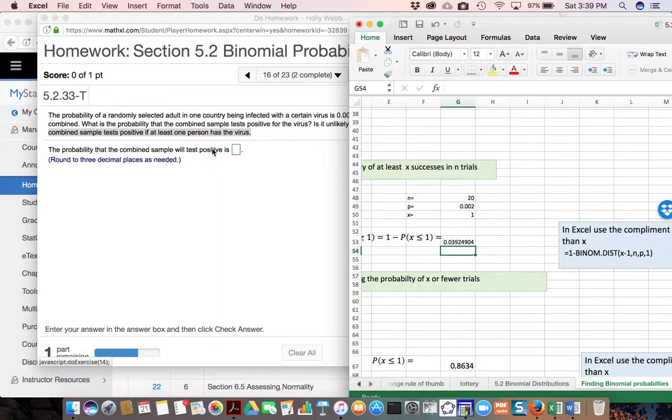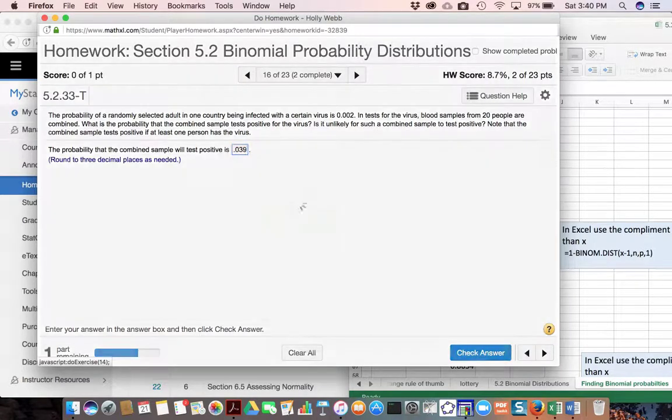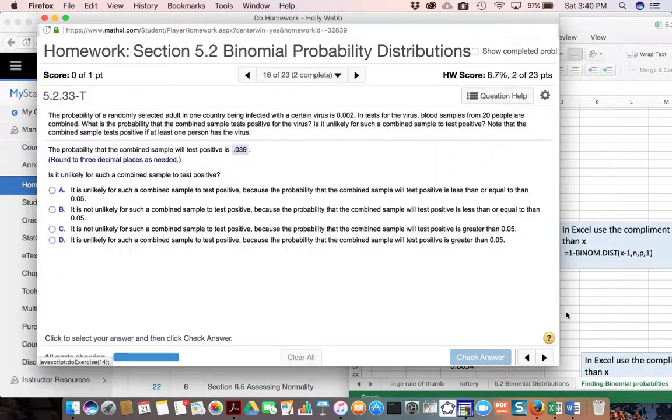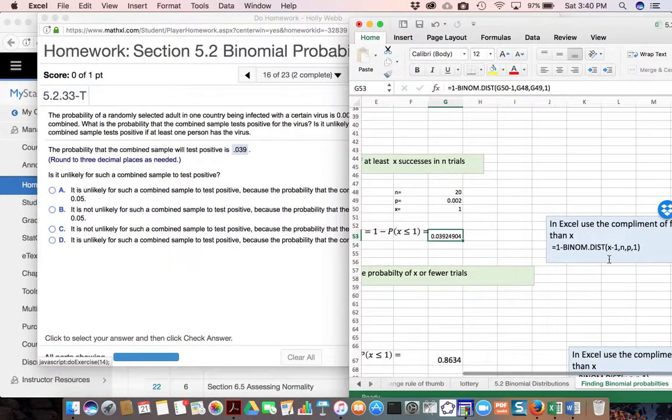So rounding to 3 decimal places, 0.039. Okay, so that was an at least 1. When you do at least, you want to do 1 minus x minus 1, n, p, and 1.